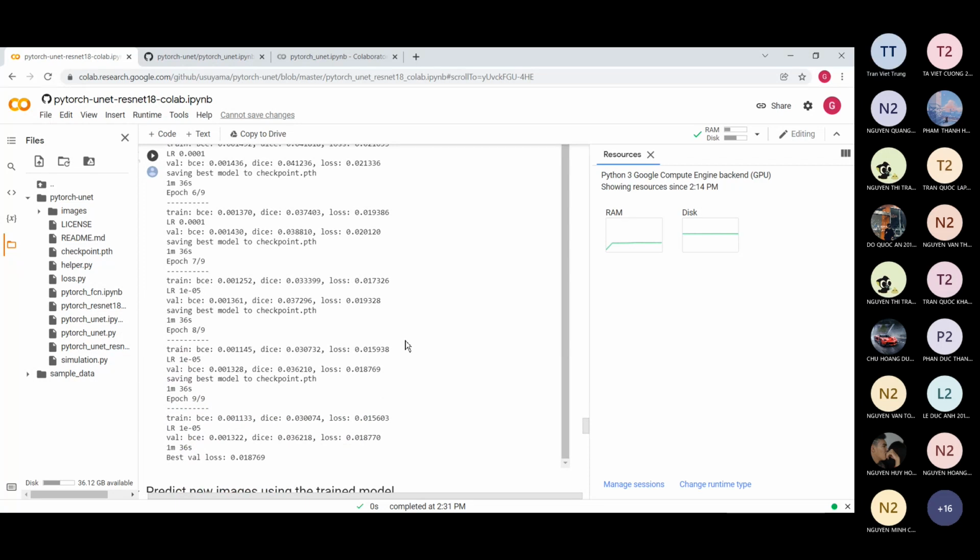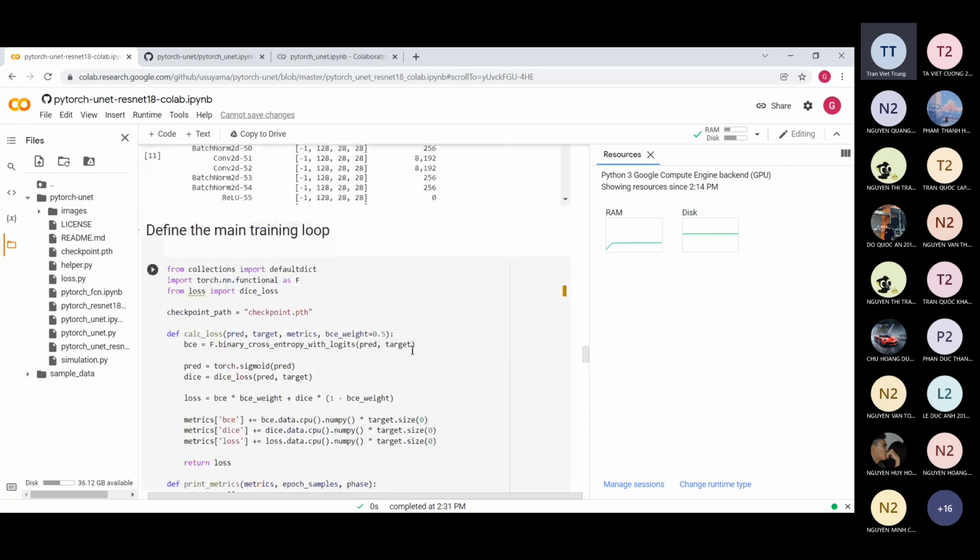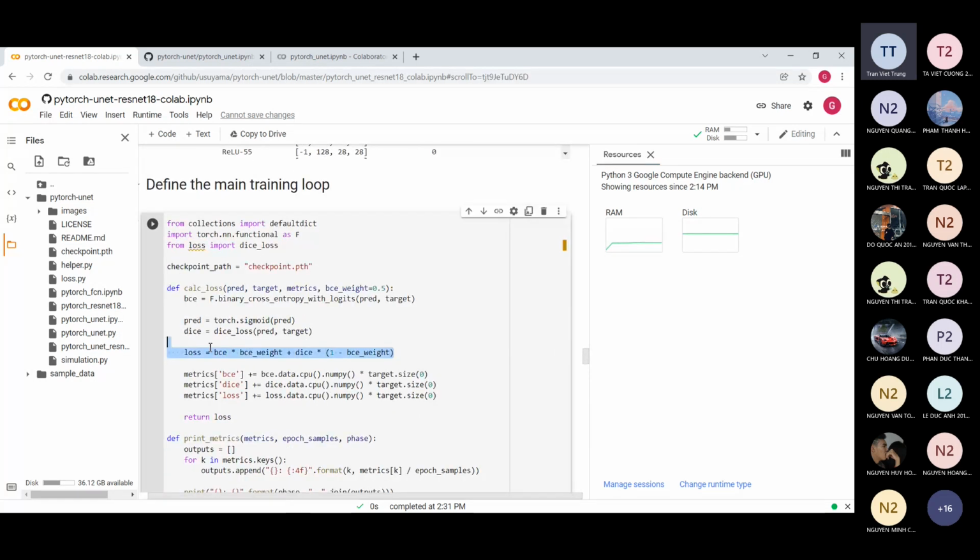I still notice they use this loss here. To be honest, I do not really understand the mathematics behind this loss.